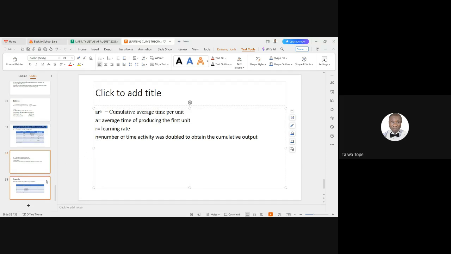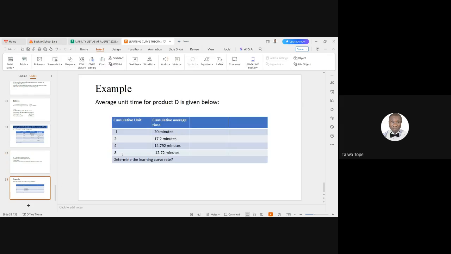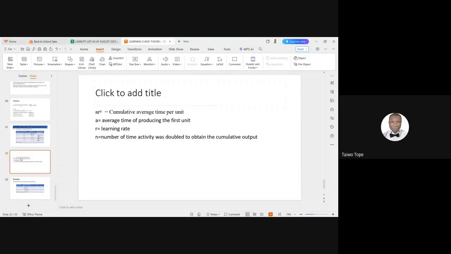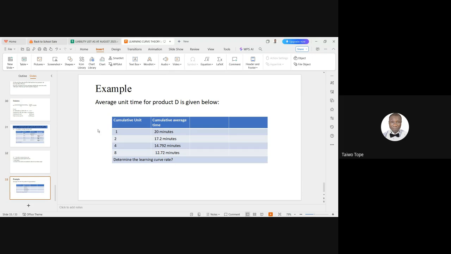What will be A? A is the average time of producing the first unit, which is 20. So A will be 20. Now, the cumulative average time per unit is the last cumulative value here.